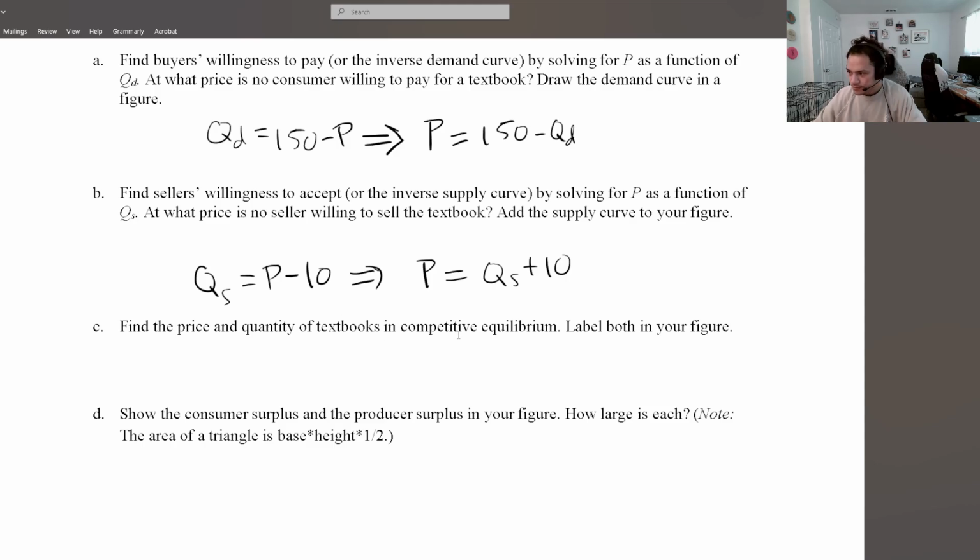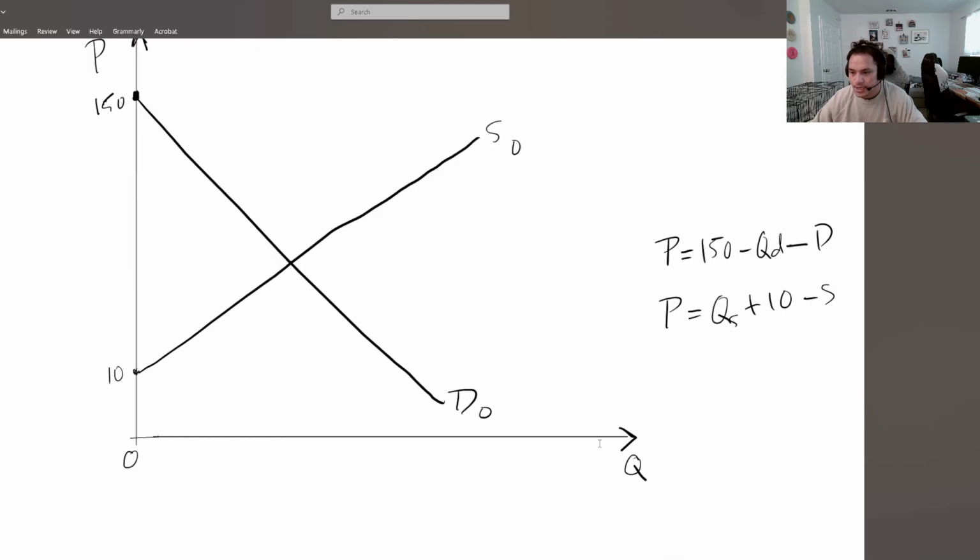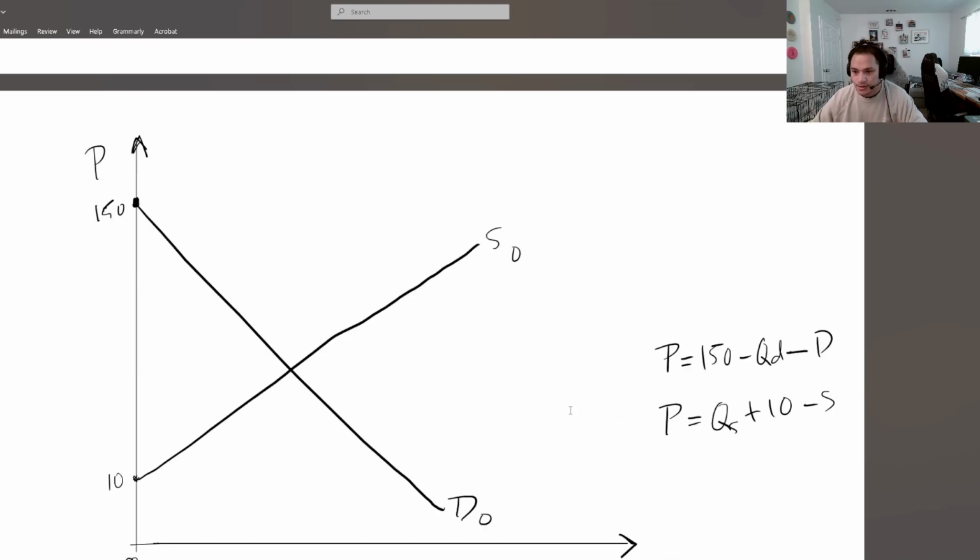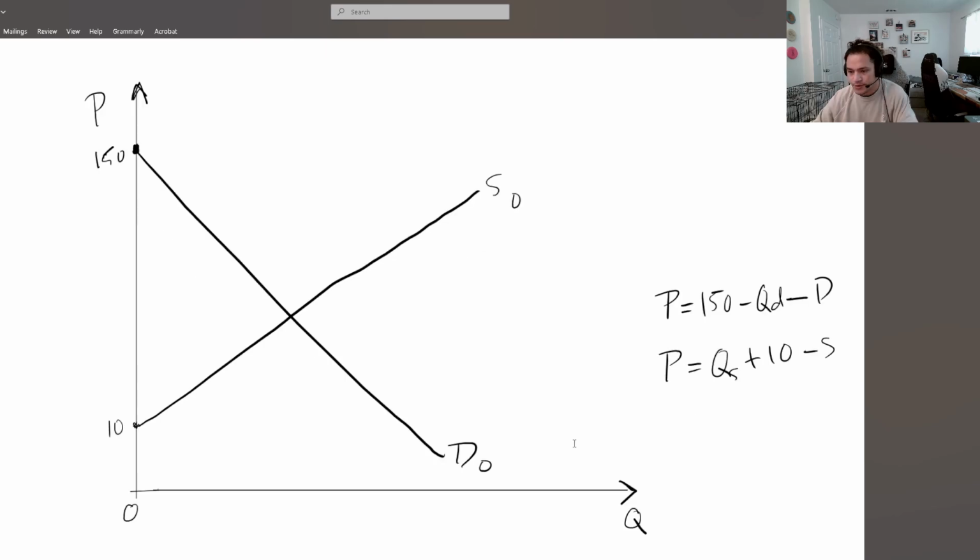Because we have nicely written our functions in terms of P, all we need to do is set the right hand side of this function equal to the right hand side of this, because P is equal to P, and solve.